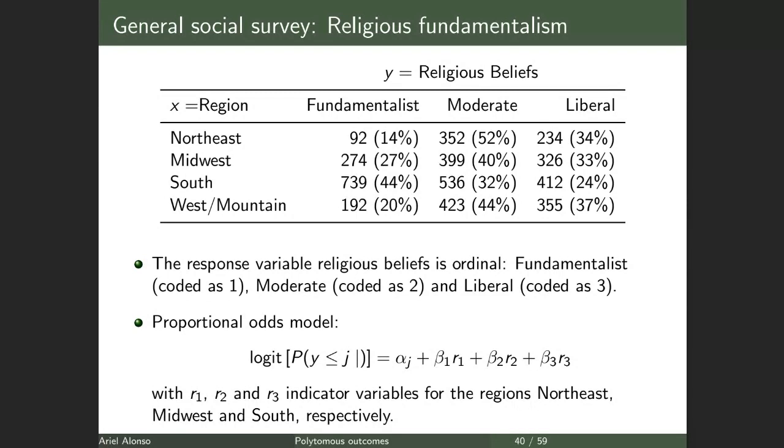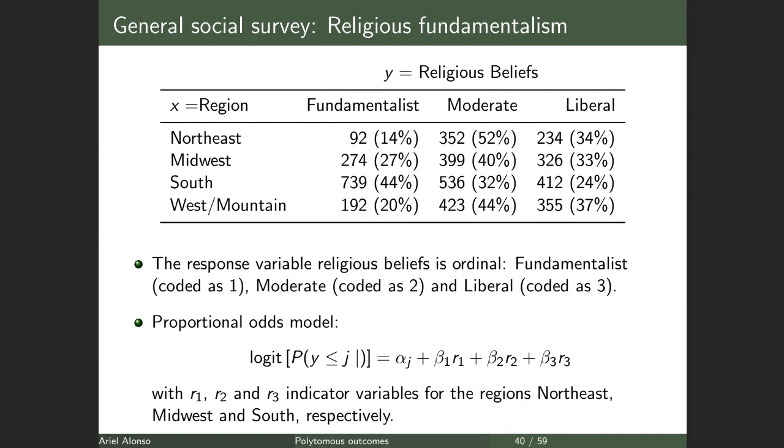And then we have region: Northeast, Midwest, South, and West Mountain. The response variable, religious belief, is ordinal. We are going to code it as fundamentalist is 1, moderate is 2, and liberal is 3. So we're implicitly assuming that fundamentalist is smaller than moderate, which is smaller than liberal, but again, you can reverse the order. The important thing is that there is a natural order.